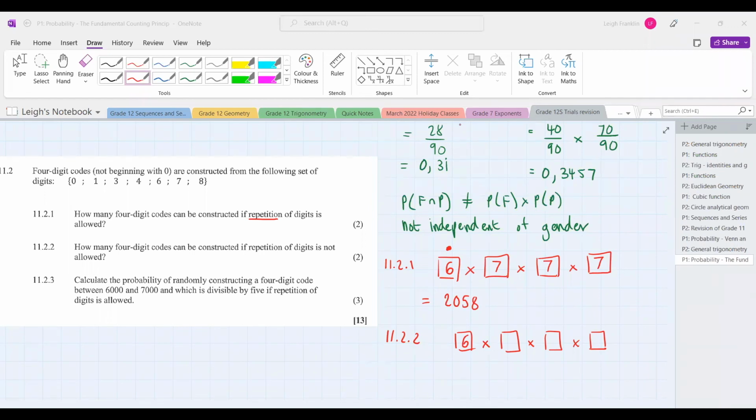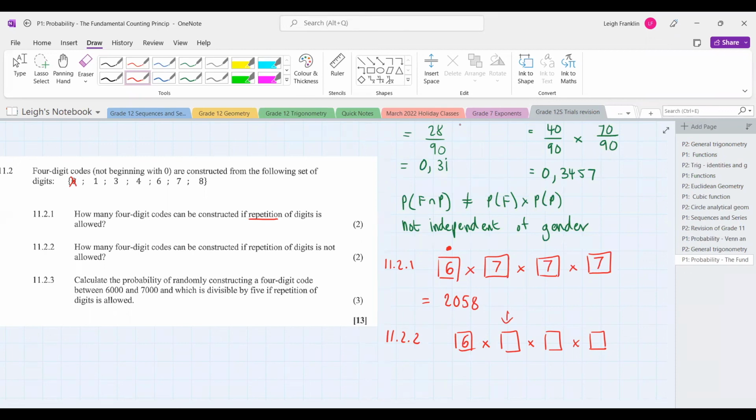So when we fill the first block, remember we're not allowed to use the 0. So that gives us 6 other digits that we are allowed to use. But when we fill this block over here, if we've already used a 1 or a 3 or a 4 or a 6 or a 7 or an 8, we are not allowed to use that again.